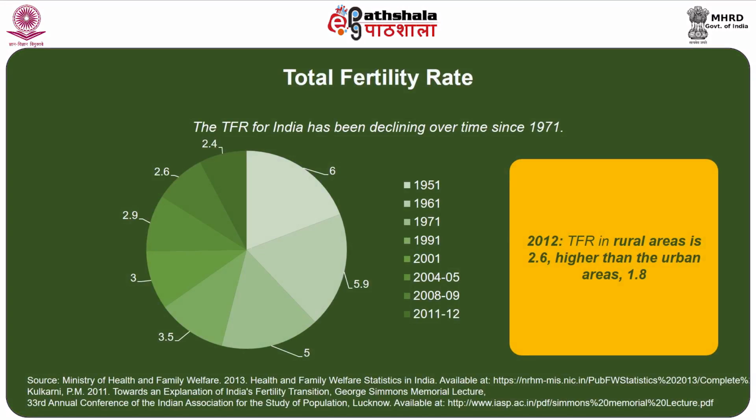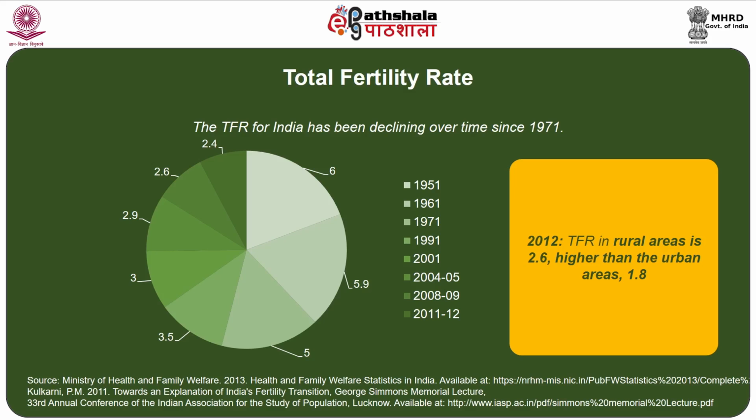The other indicator is total fertility rate, which is an indicator for fertility level. If we look at the number of births during the entire reproductive span, the total number of children a woman produces was as high as 6 in 1951, while in 2001 it came down to 3.0.